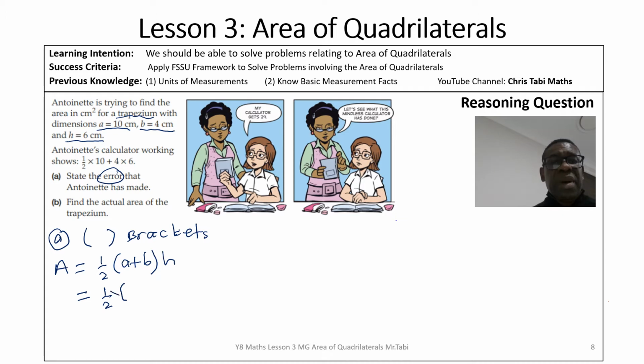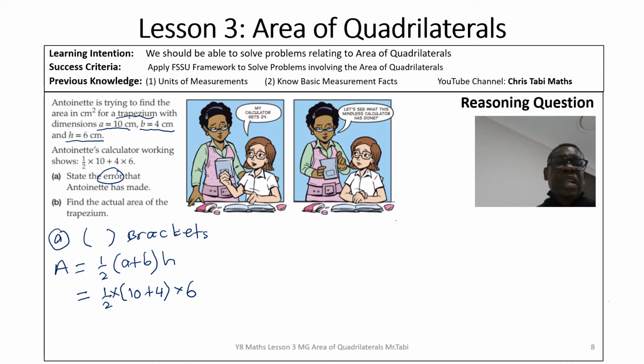So remember, it means multiply. We normally don't write that by convention. So you got 10 plus 4 multiplied by H, which is 6. So it's the bracket she has forgotten to bring.